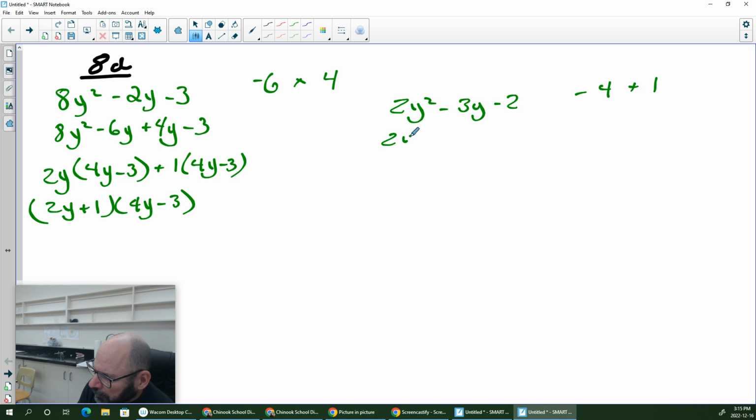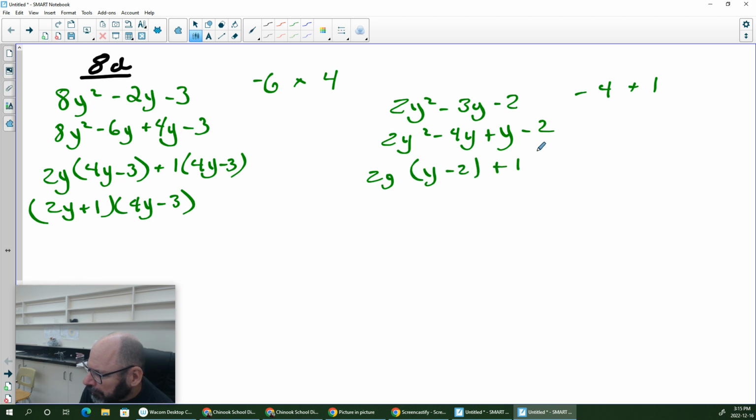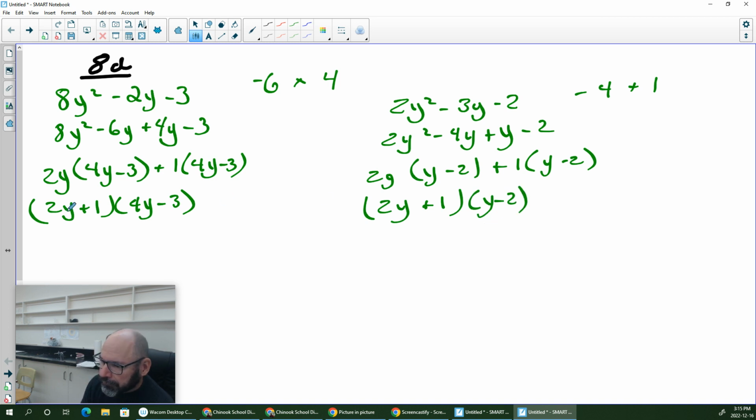So I'm going to do 2y squared minus 4y plus 1y minus 2. Take out a 2y here, and I got y minus 2, and then plus 1 times y minus 2. And I'm going to end up getting 2y, that's not a g by the way, that's a y, plus 1 and y minus 2. So we factored those out. So now we don't have to worry about factoring them.